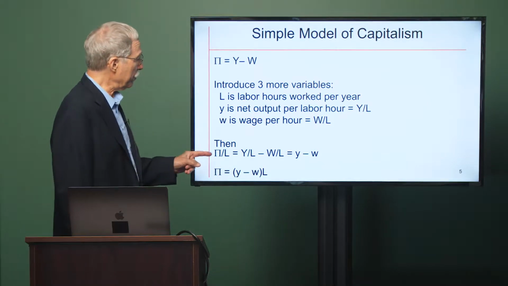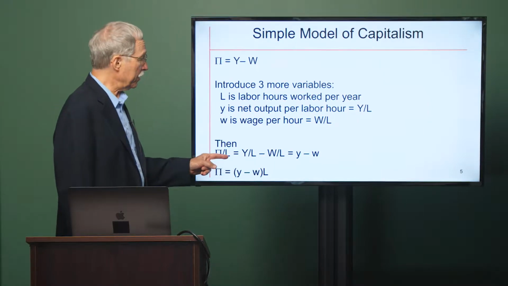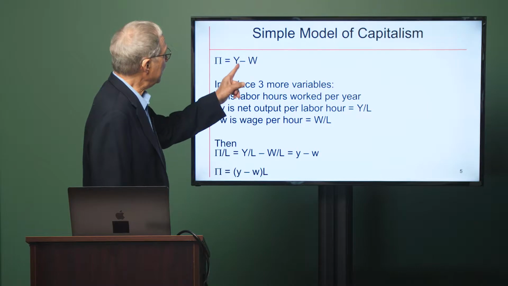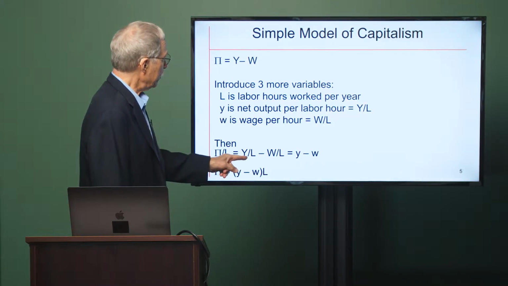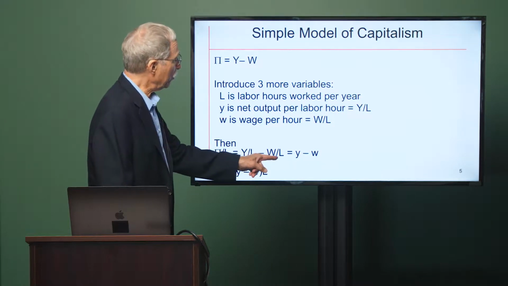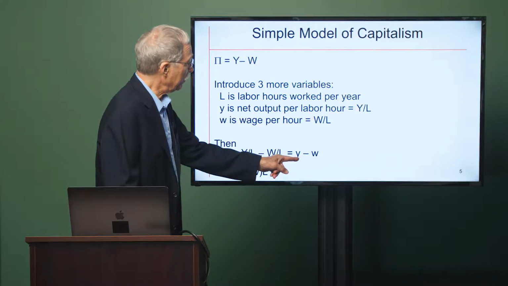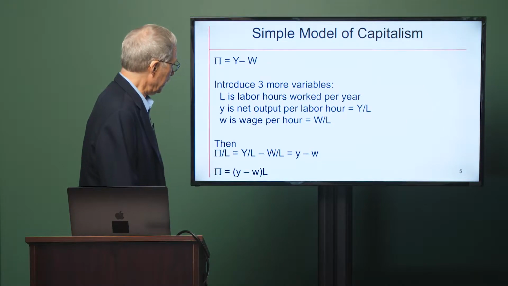Then, using those symbols, the profit per labor hour worked is equal to dividing this side by labor, and so it's total output per unit labor minus total wages per unit labor, which is net output per labor hour, lowercase y, minus the hourly wage rate.